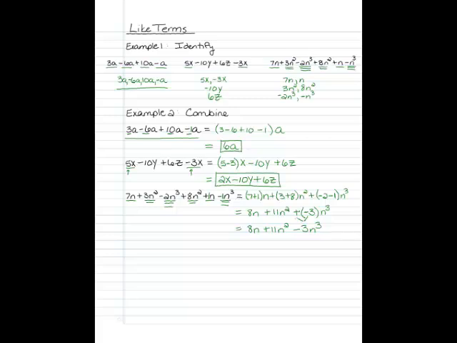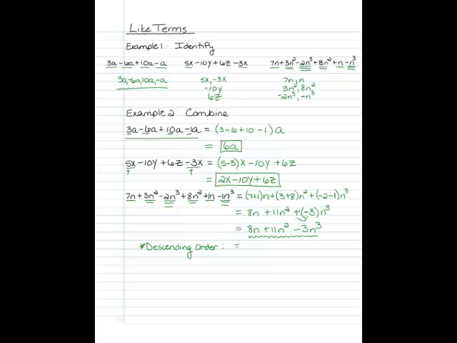Now, one last piece of this third example here. Whenever you have an expression with the same variable, different exponents, you want to write it in what we call descending order. And what that means is, if you look at the exponents, you want to start with the term with the largest exponent, and step your way down.